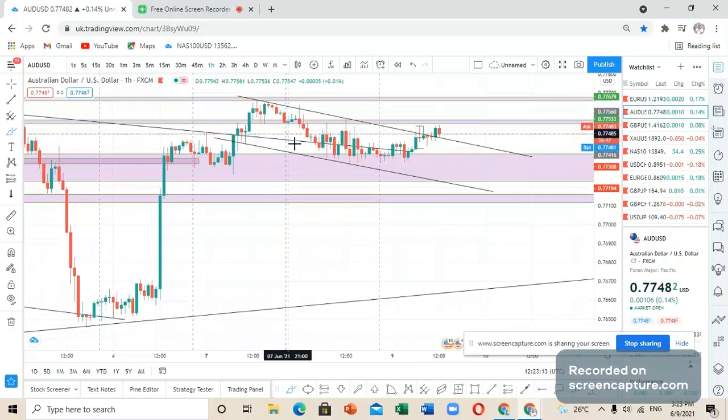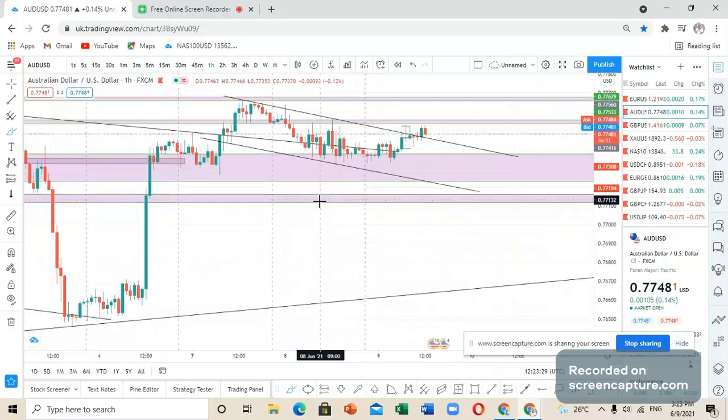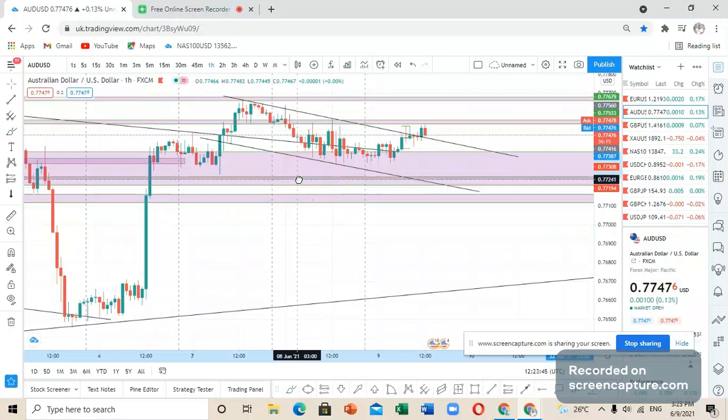Then we had a very beautiful pattern that is still being created in this region. I can see that we have got a breakout to the upside, but since there is a correction here, currently I'm expecting the market to have a correction not only in that area, but also in this area.